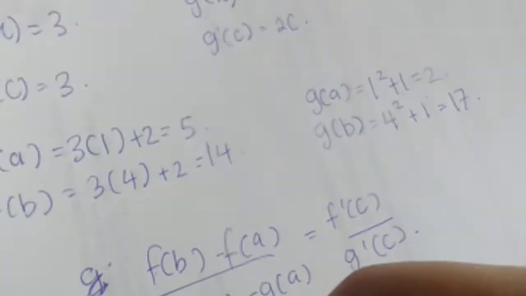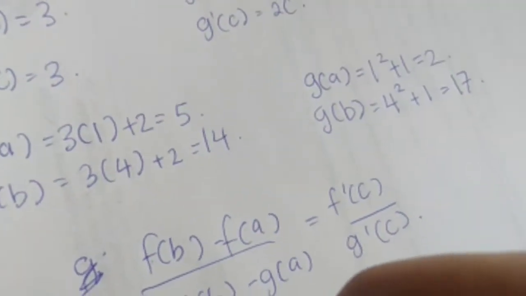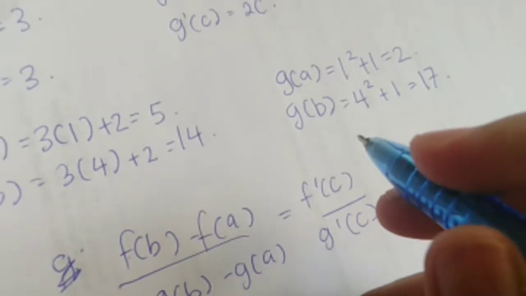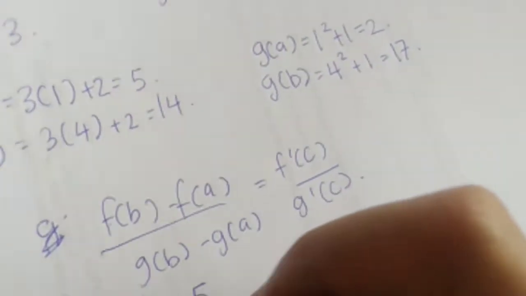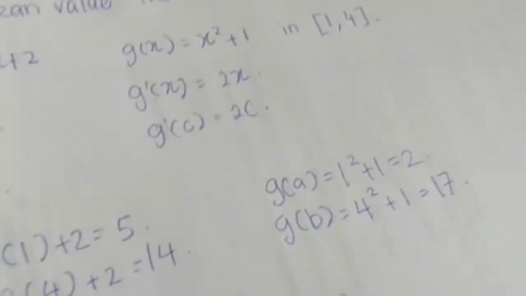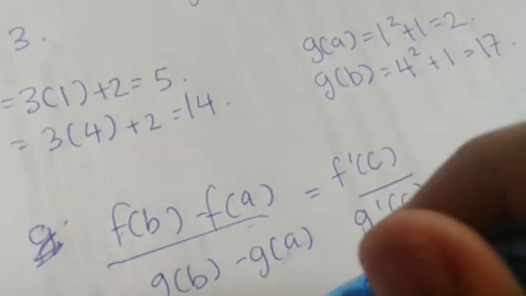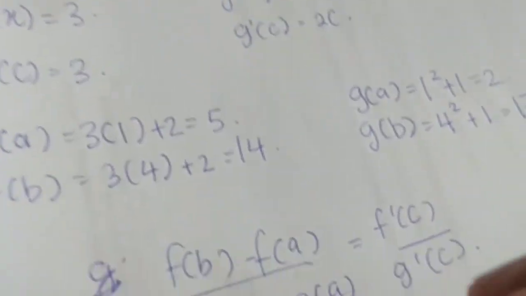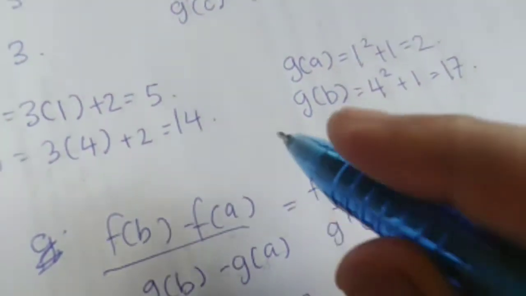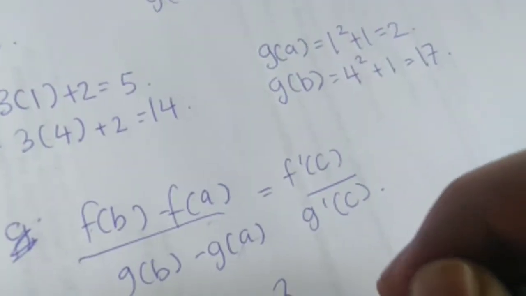FB minus FA over GB minus GA is 14 minus 5 over 17 minus 2. We will have F prime C over G prime C, which is 3 over 2C.